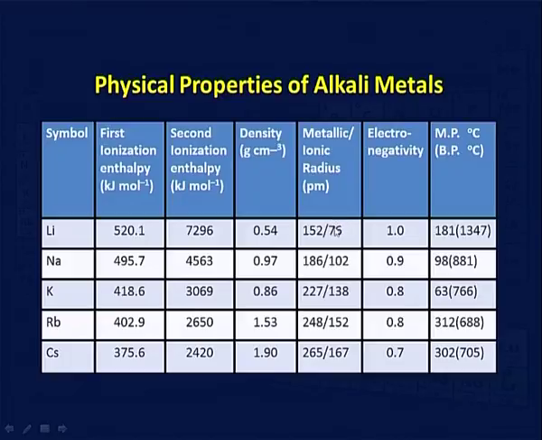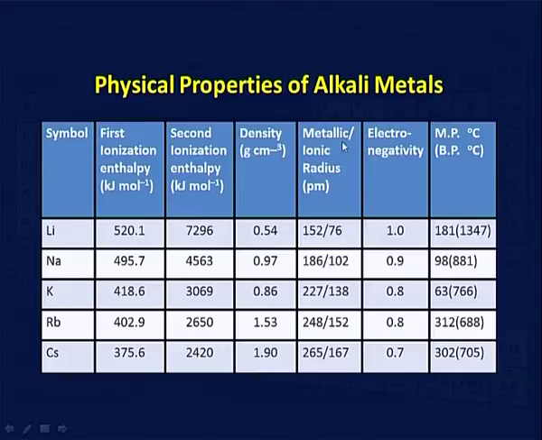This 76, the value of 76 pm, pm here means picometer. You can see here 76, 102, 138, they are keeping on increasing. This is the radii of the ion here, that is M positive. This 152 is of the metal and this is of the ion.